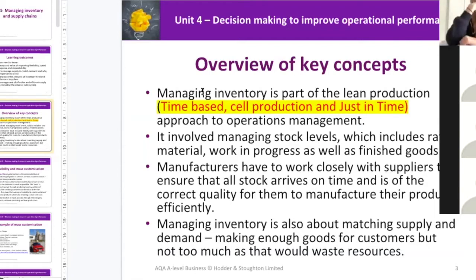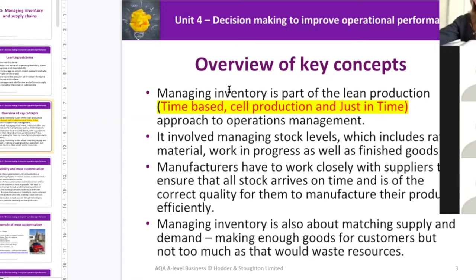So if you're thinking about this, how is inventory relevant to reducing waste? Why is managing inventory part of lean production, when lean production is all about reducing waste? Do you want to keep all the inventory just in the factory, or do you want to order inventory when you have orders?